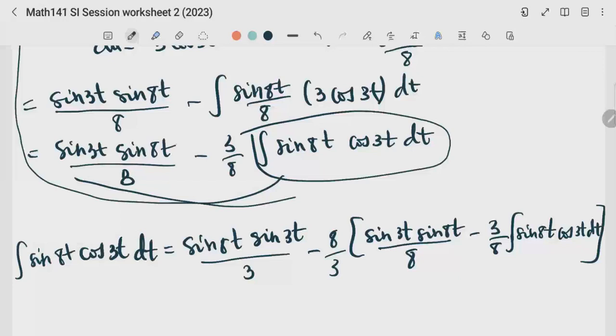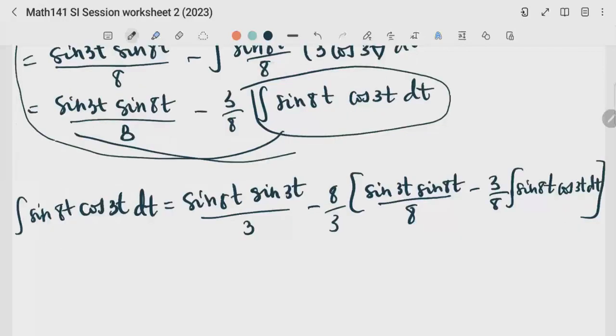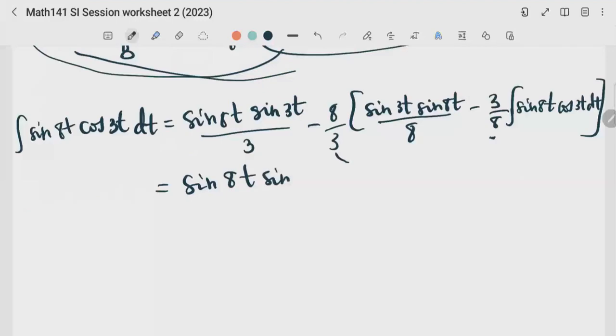As you can see, this 8 over 3 is going to cancel with that one when you multiply it in. So this will be sine of 8t sine of 3t divided by 3 multiplied into minus, this will cancel there.